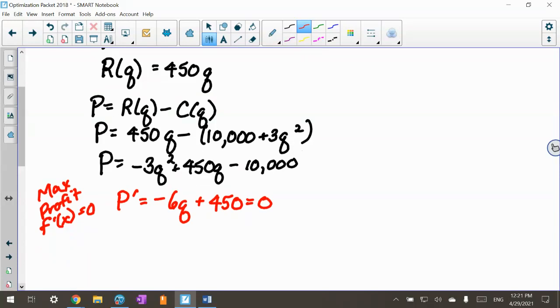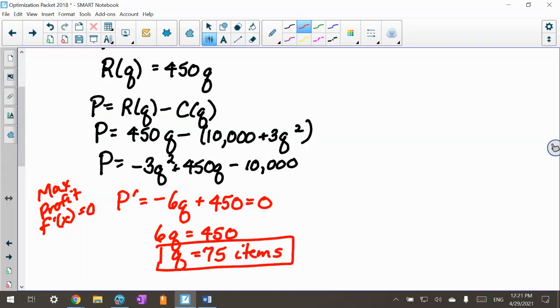Then 6q equals 450, I just move that to the other side. So q comes out to be 75 items. It looks like when I sell 75 items, according to my cost equation and my revenue equation, that's going to give me the max profit.